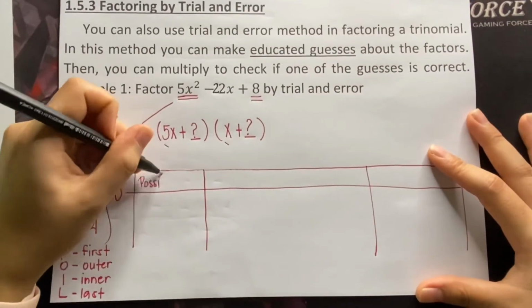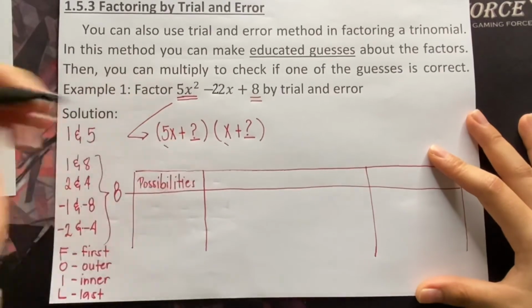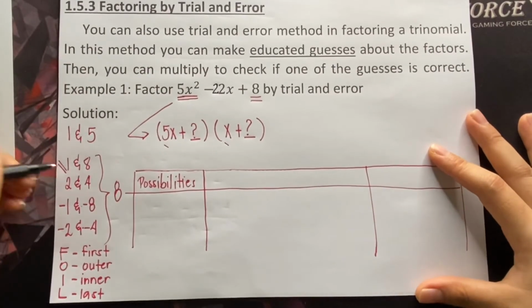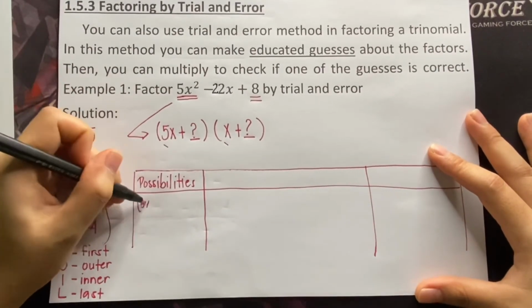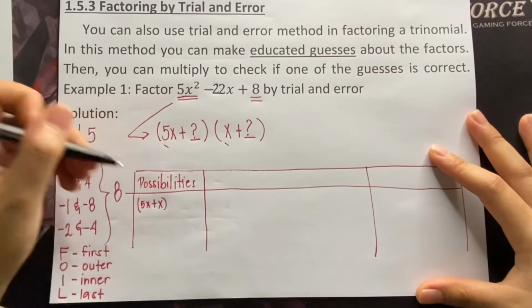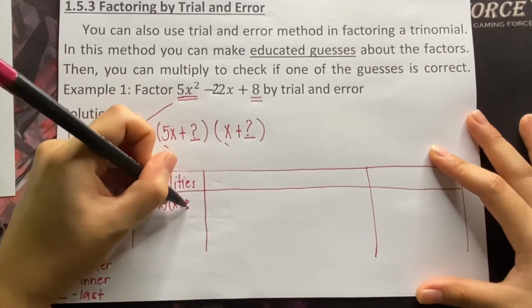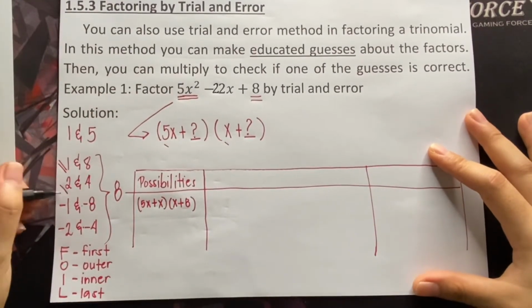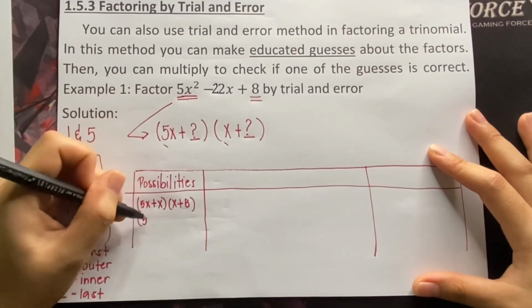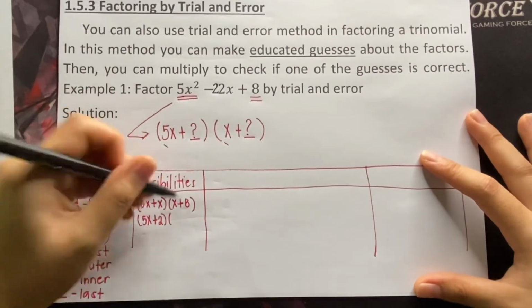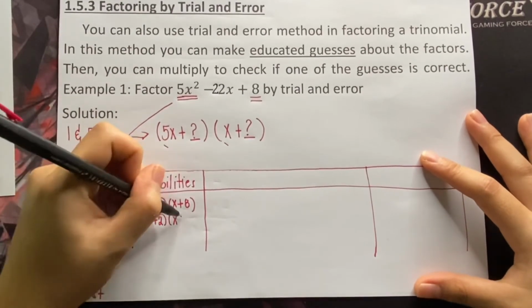So, here are the possibilities. First, ginamit natin yung 1 and 8. So, copy 5x plus 1 times x plus 8. Next, 2 and 4. Copy 5x plus 2 times x plus 4.